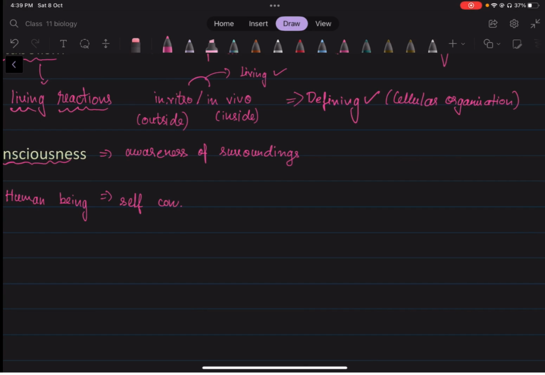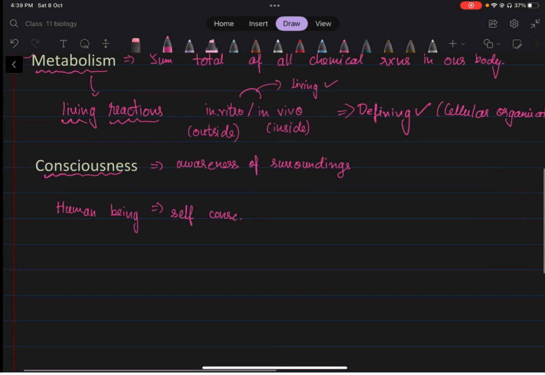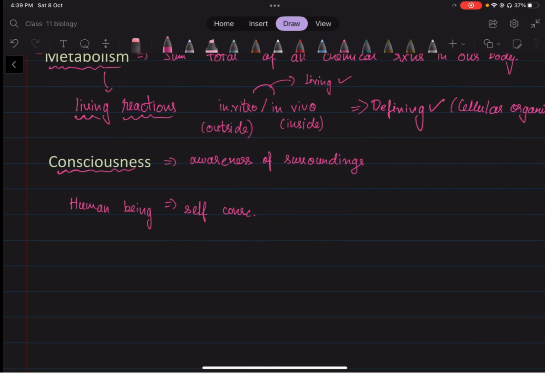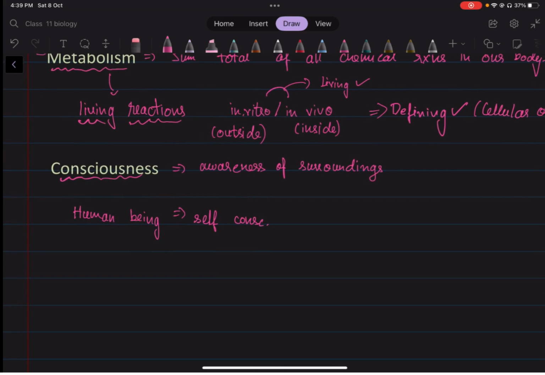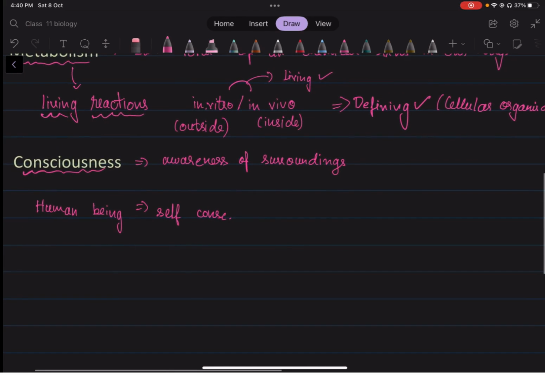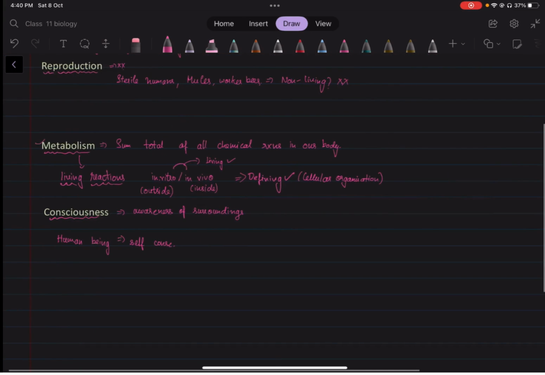Self-consciousness means we are able to be aware of ourselves. We know that, oh, I am something. You are aware of yourself, that you are some sort of entity. But insects and other things are usually not aware that they exist. They're just aware of their surroundings, right?